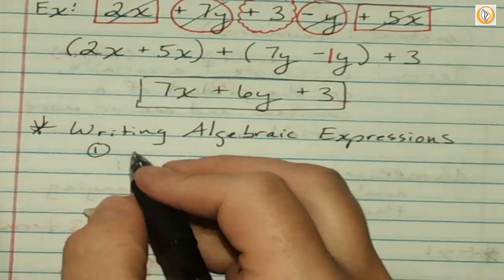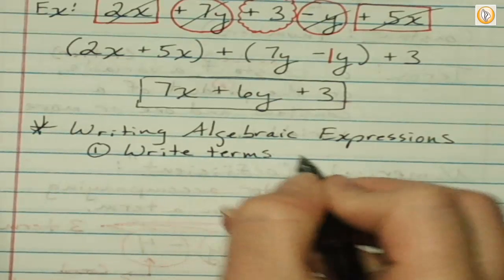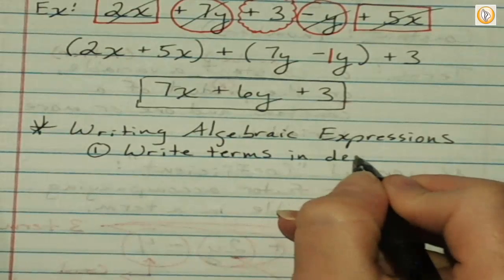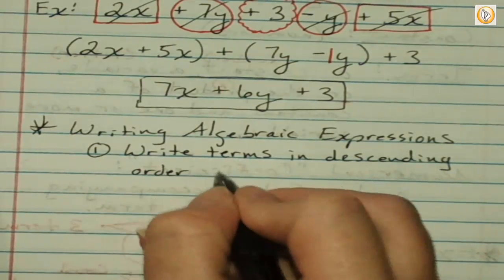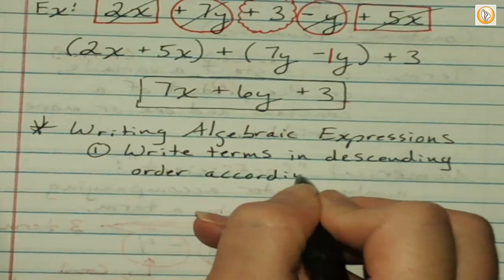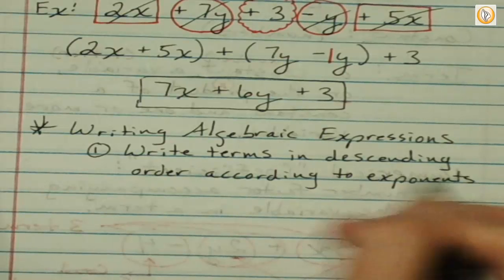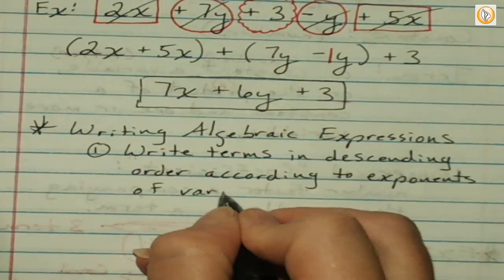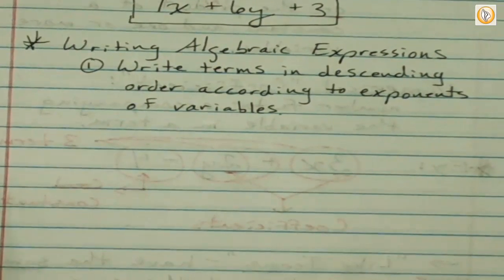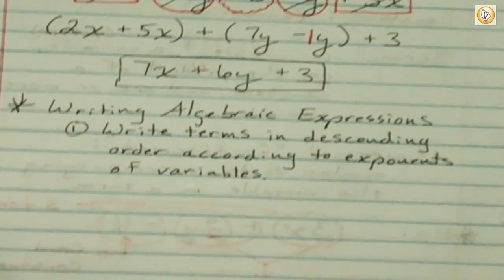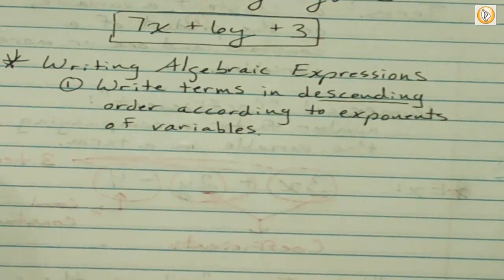One is you're going to write terms in descending order according to exponents of variables. So you're going to write each term, we talked about how there's 5 terms up here, in descending order according to the exponents of the variables.